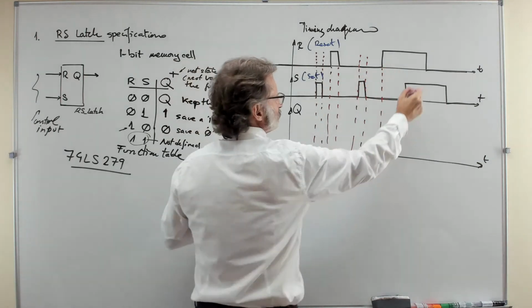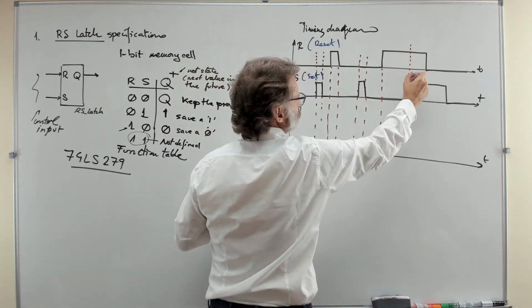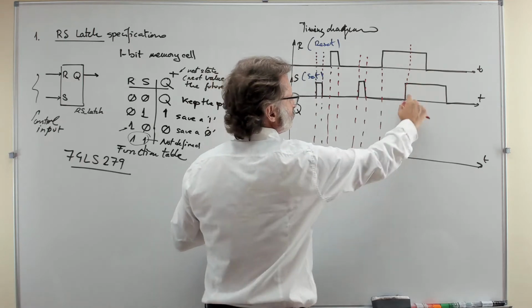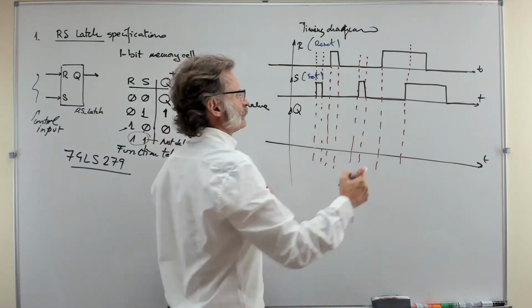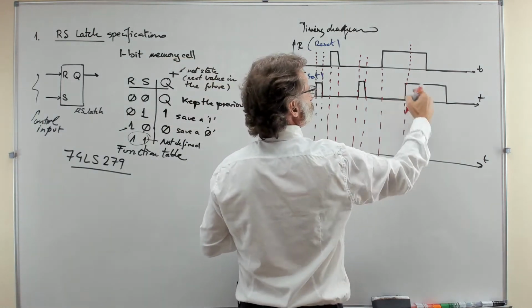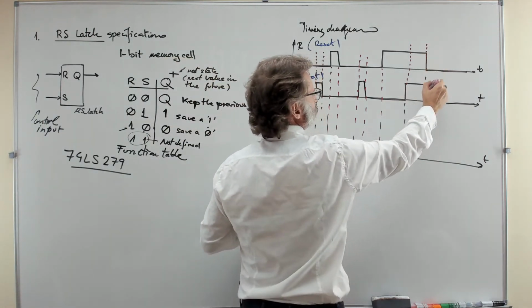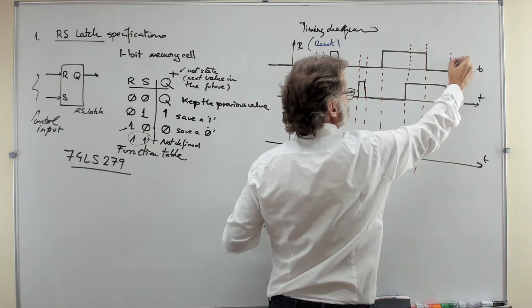So that happens to the end. Every time that you have a change, an edge, some signal that goes from 0 to 1 or from 1 to 0, you have to have a different output if that is the case, okay?